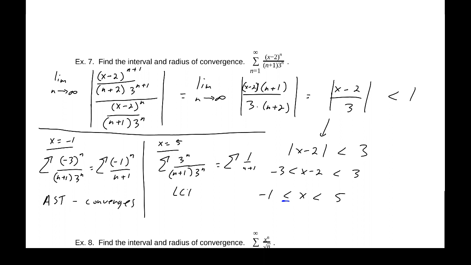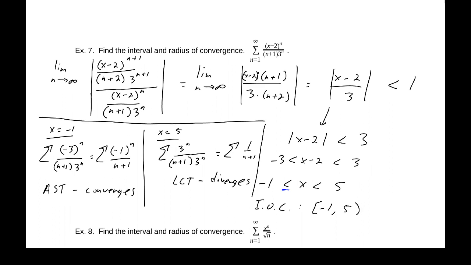By the limit comparison test, comparing to 1 over n, this diverges because the ratio of those two is 1. So we will not include 5. That means our interval of convergence is -1 to 5, not including 5 but including -1, which makes our R equal to 3.